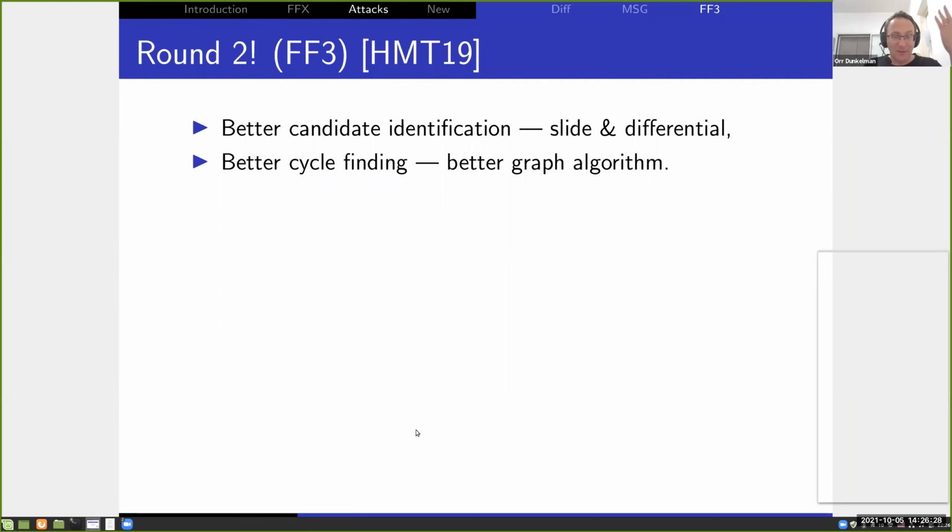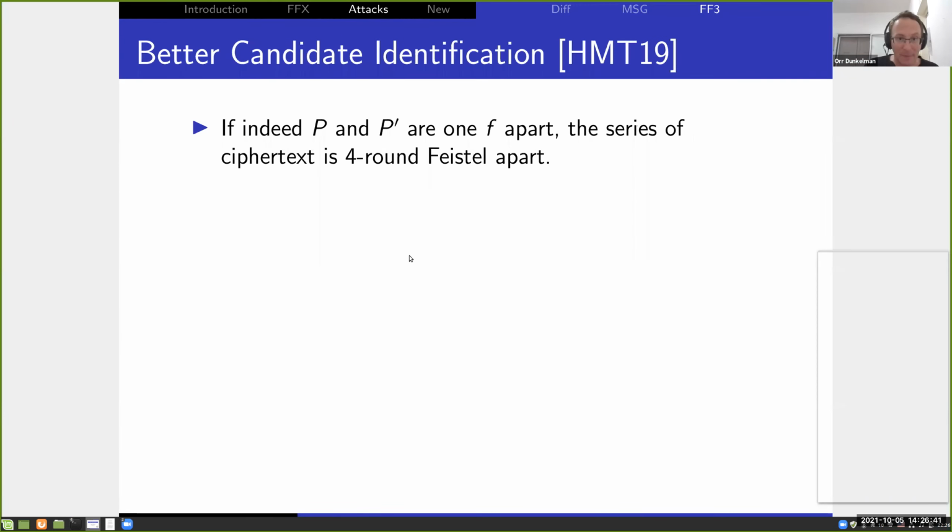A bit later, in Eurocrypt 19, there were several improvements. The first one is a better identification of the locations. And the second one is a better graph algorithm. The main idea is that if the F parts are just 4 round Feistel apart, now we have better distinguishers for 4 round Feistel than trying to solve the equations.